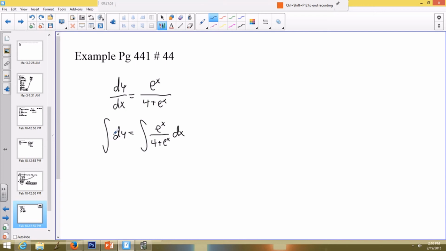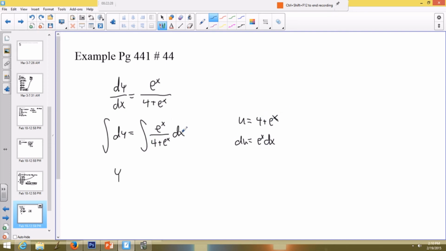Now, the integral of 1 dy is just y. This one, though, is a little bit more complex. But I do have a 4 plus e to the x on the bottom of a fraction. So I'm going to let u equal 4 plus e to the x, and then du is going to equal e to the x dx, because the derivative of 4 is 0 and the derivative of e to the x is e to the x.